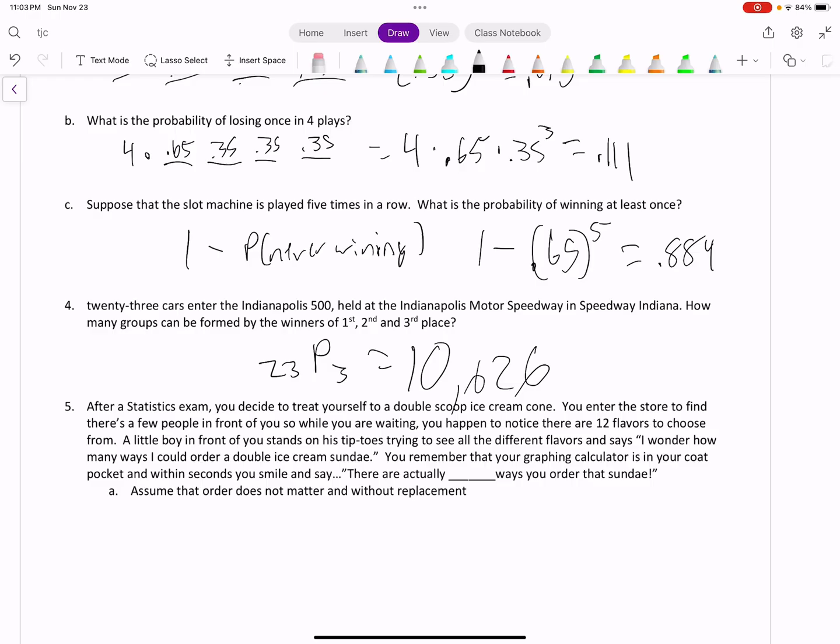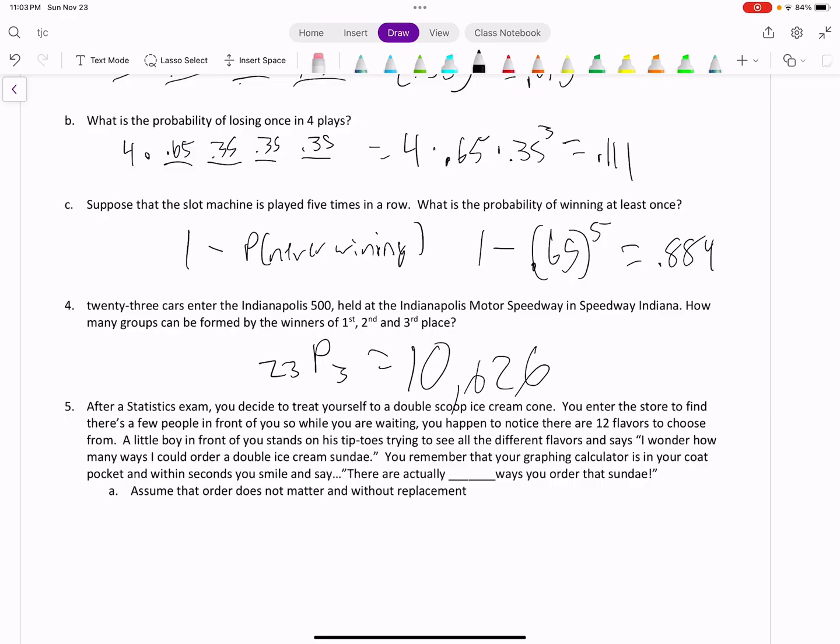Okay. Next question. After a statistics exam, you decide to treat yourself to a double scoop ice cream cone. You enter the store to find there are a few people in front of you, so while you're waiting, you happen to notice there are 12 flavors to choose from. A little boy in front of you stands on his tippy toes trying to see all the different flavors and says, I wonder how many ways I could order a double ice cream sundae.